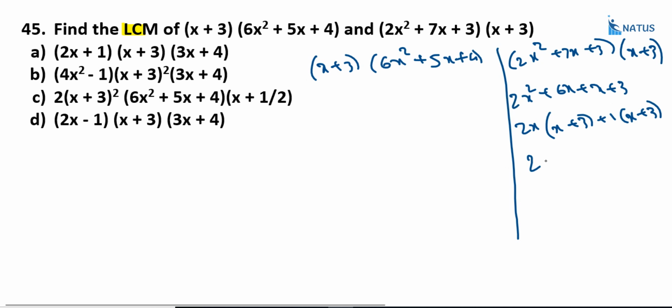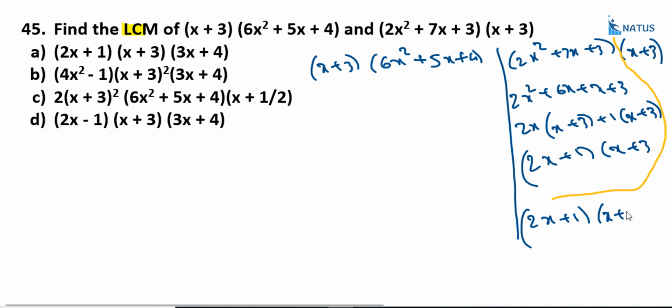So this is 2x plus 1 into x plus 3. So 2x square plus 7x plus 3 into x plus 3 is equal to 2x plus 1 into x plus 3 into x plus 3.